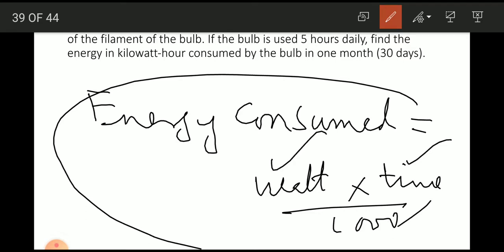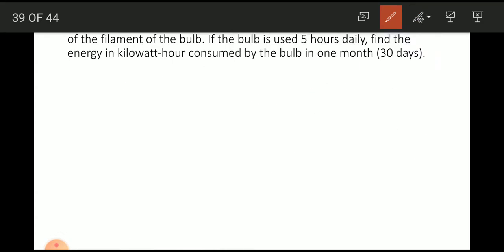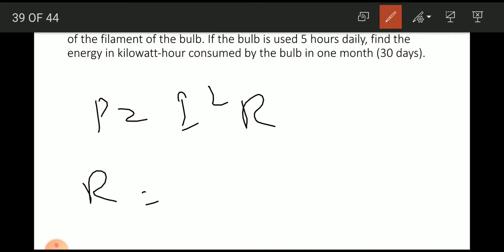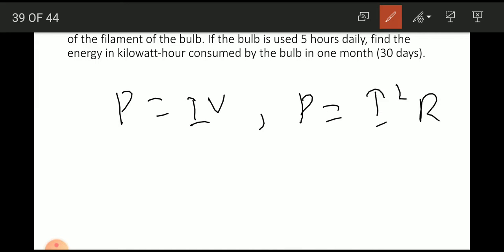Now for resistance, P is equal to I square R. I will derive it. We know that P is equal to IV, P is equal to I square R. Different methodologies.